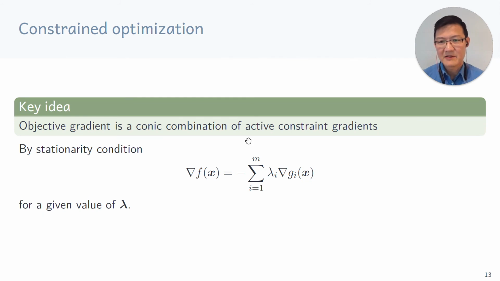Right? Just by rearranging for some given value of lambda, we have the gradient of the objective is the conic combination of active constraint gradients. The word conic here means that the value of lambda is positive or non-negative.